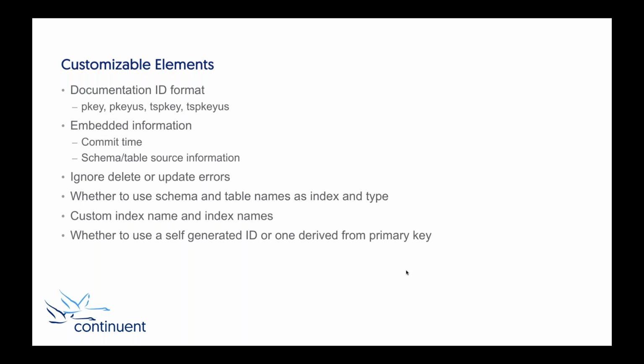You can configure how the document ID is handled. You can specify the primary key information, with the primary key parts separated by underscores, so if you've got a compound key, you get it. You could also go to the point of having the schema and the database prefixed before the individual ID.